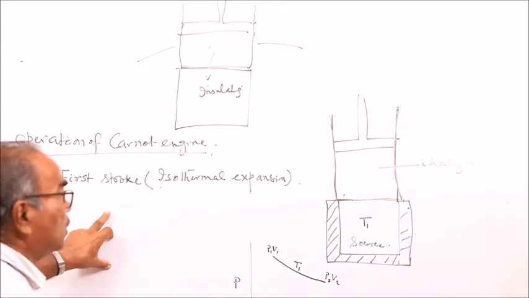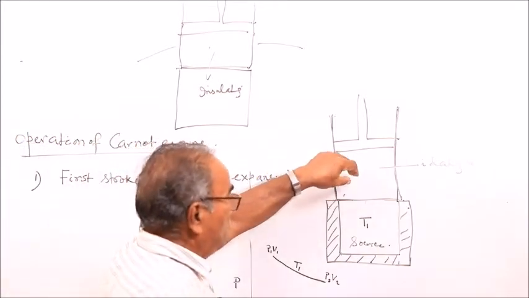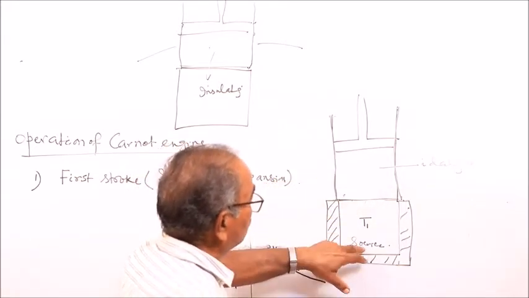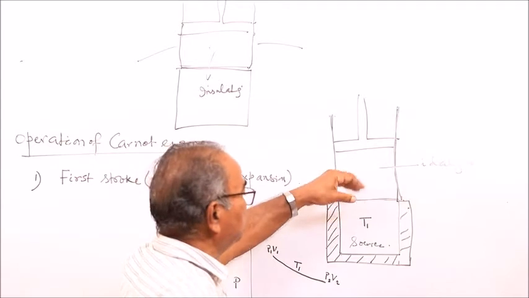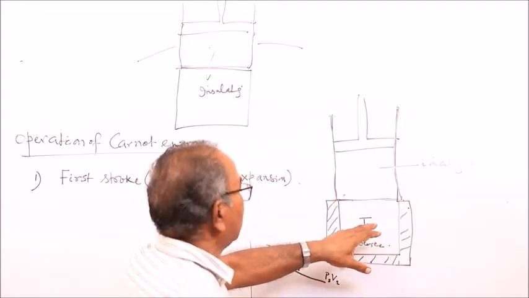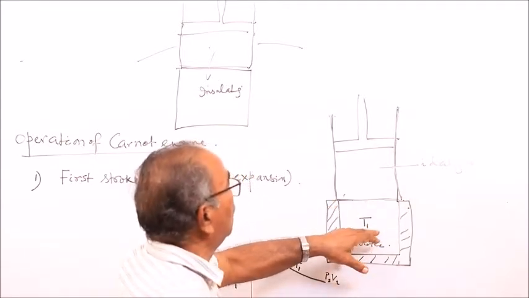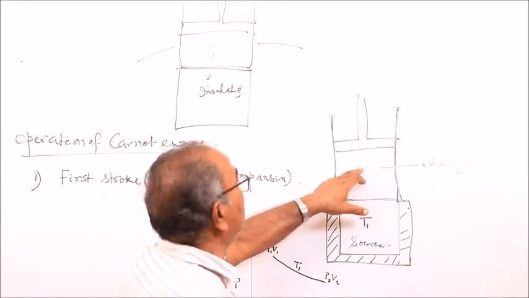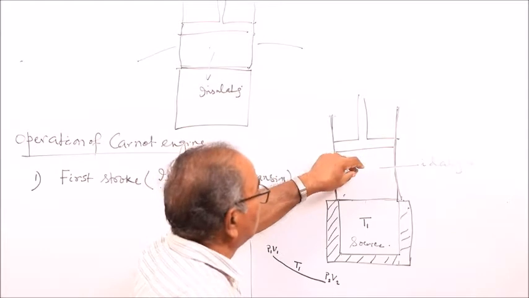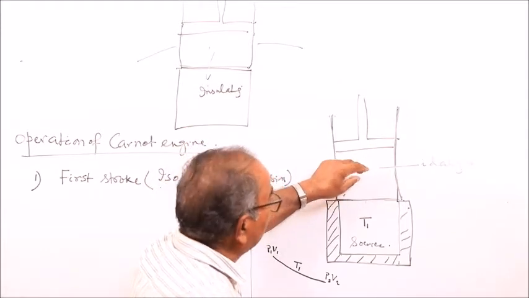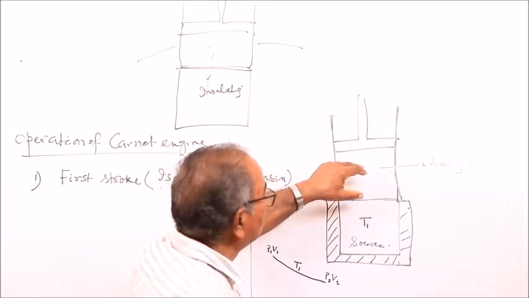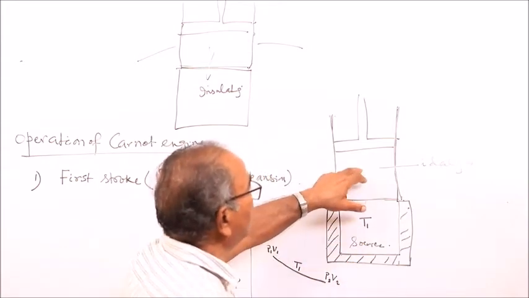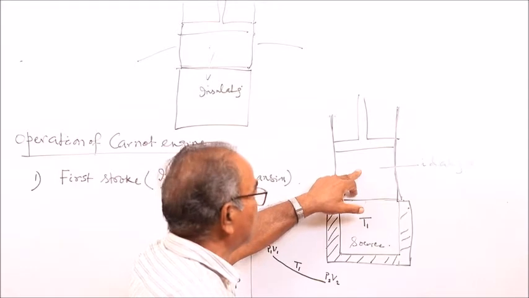In the first stroke, the cylinder with movable piston and ideal gas is placed over the source. Because of the heat, heat flows from the source to the ideal gas, and the gas expands and pushes the piston upward. The temperature slightly falls, and then heat is drawn from the source to the ideal gas, keeping the temperature constant.